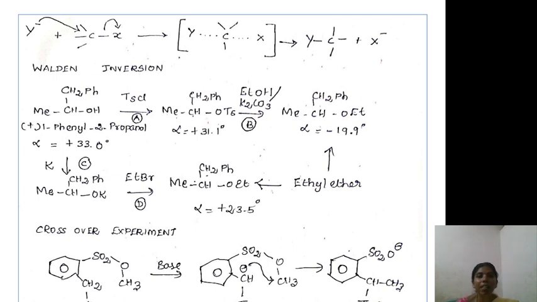Then Walden inversion. What is Walden inversion? Here is one example we can go through: alpha plus or minus 2-phenylpropanol.